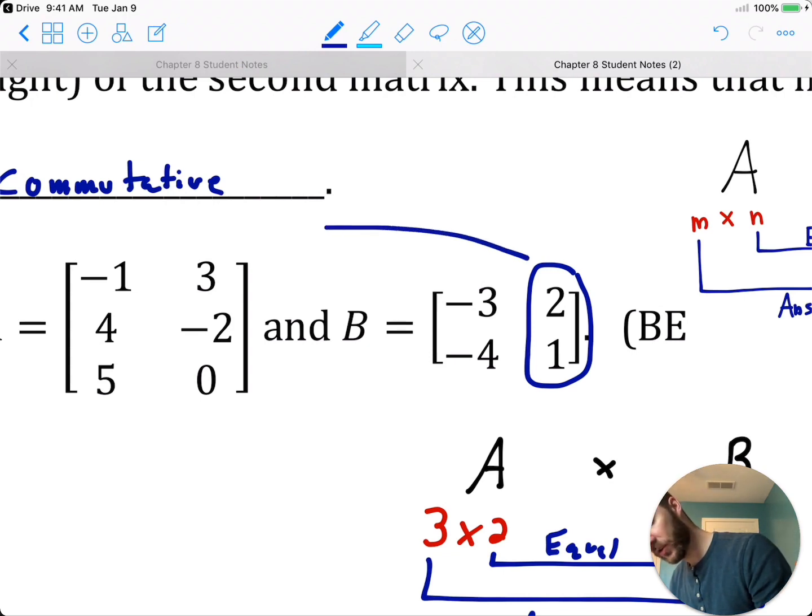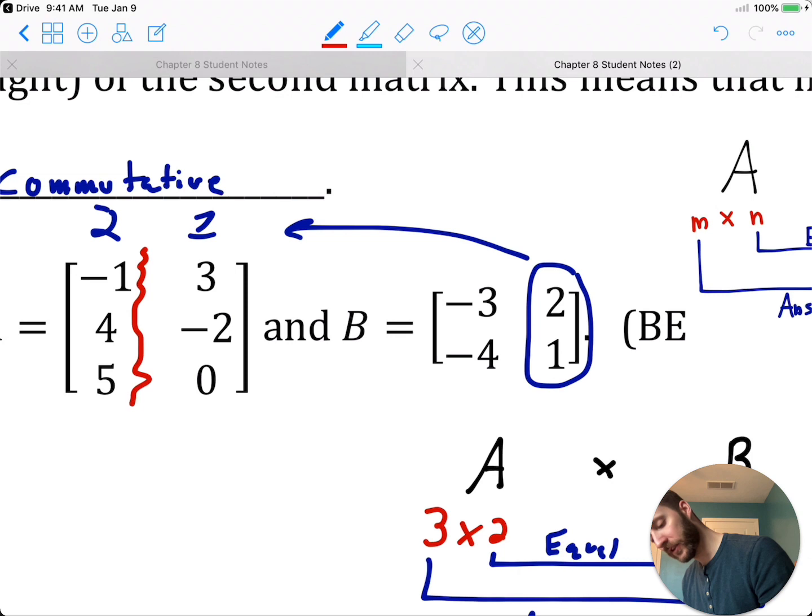So the 2 rotates up 90 degrees counterclockwise. The 1 rotates up 90 degrees counterclockwise. It's a horrible looking one, wow. Not great, but better. And then the 2 is going to filter down.